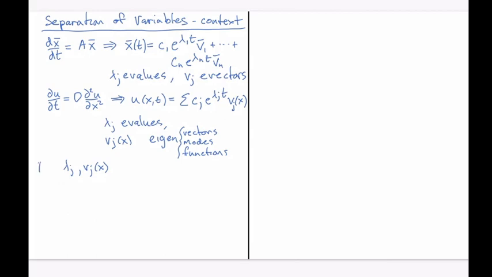We find these by solving an analogous equation to what we do in the linear algebra context. Instead of A times x equals lambda x, we solve the equation with the differential operator applied to u equal to lambda u in this case. And that's just like A v equals lambda v.